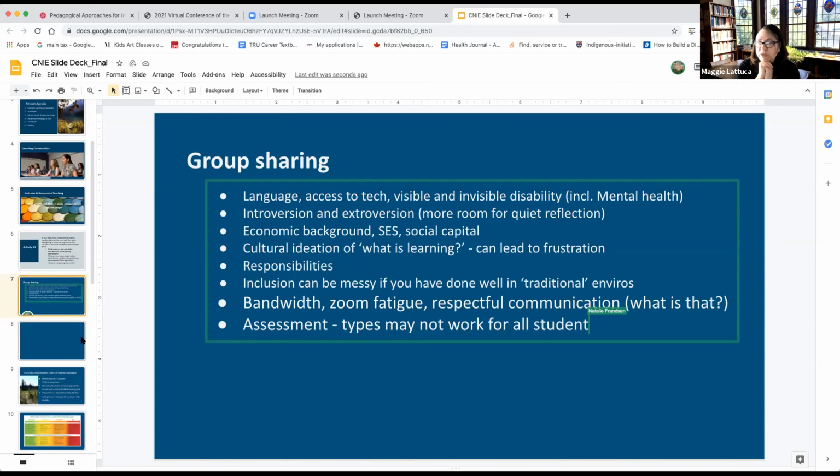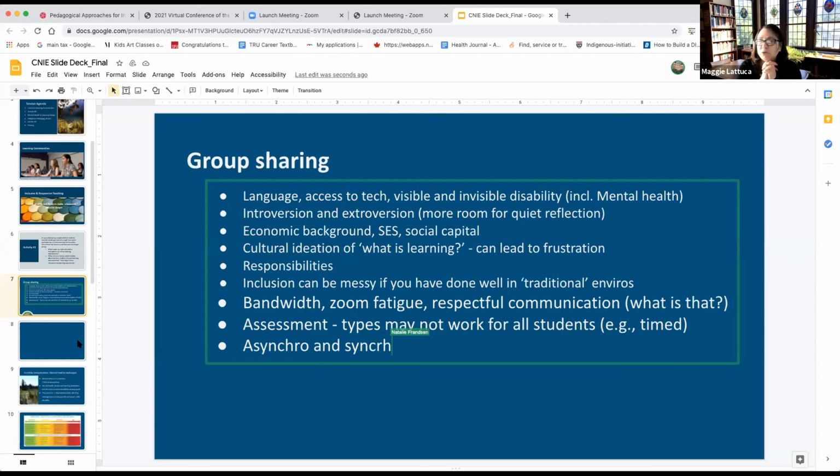The question of asynchronous versus synchronous, which has already come up. Some feel more comfortable in one versus the other. The issue of language came up already. The rest has already come up.